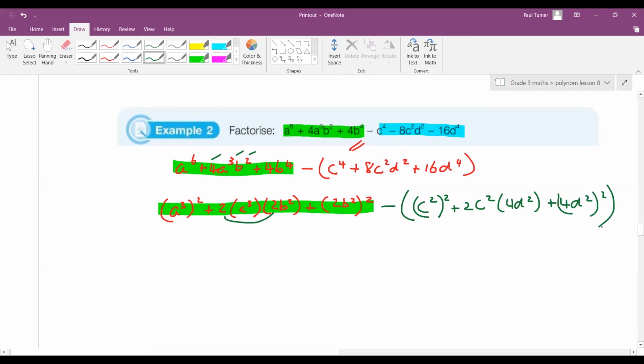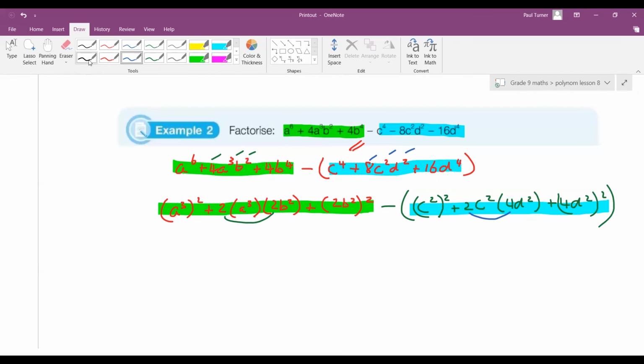Okay, just from yesterday, perfect square. And the middle term, 2 4s are 8. Let's just highlight that there, because that's the same. So just check this, 2 4s are 8, c^2 d^2. So it looks like we did it right.